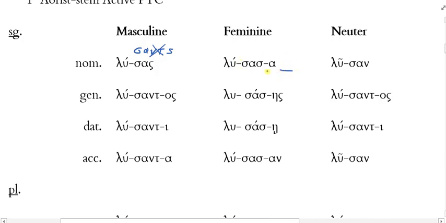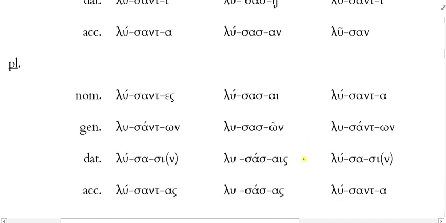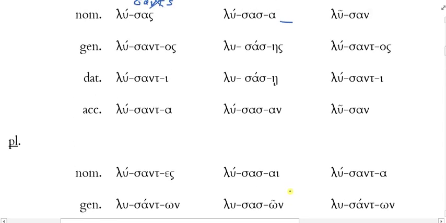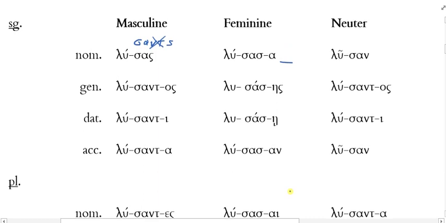So everybody, lusasa, lusases, lusase, and lusasan. Plural forms, lusasai, lusason, lusasais, and lusasas.